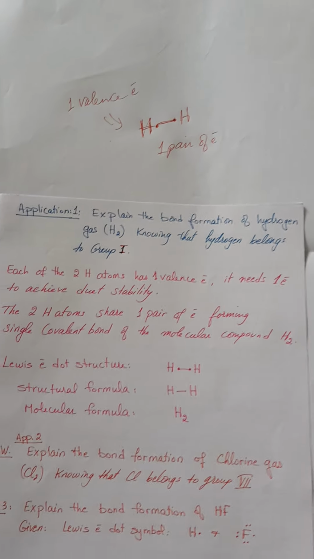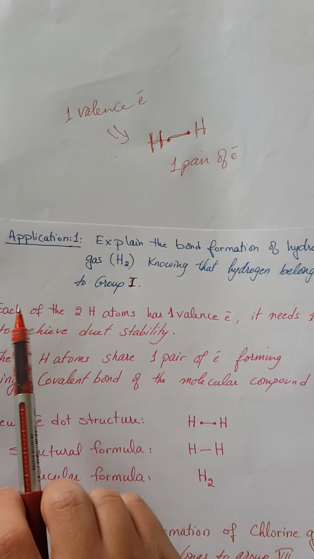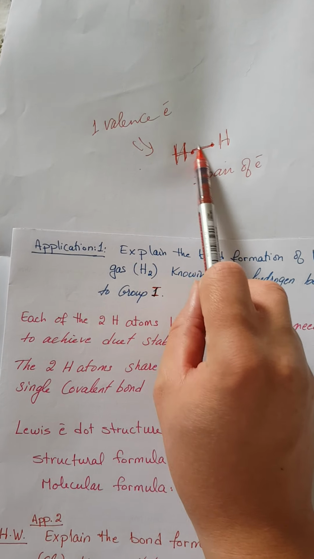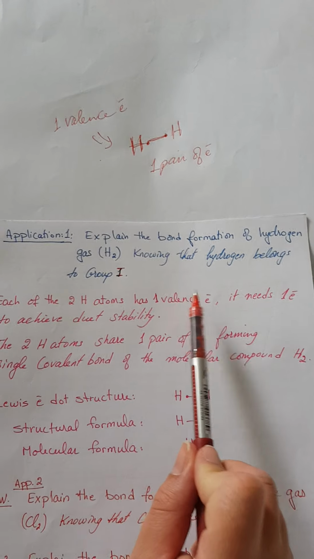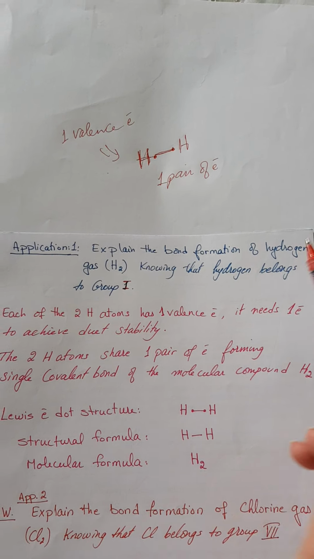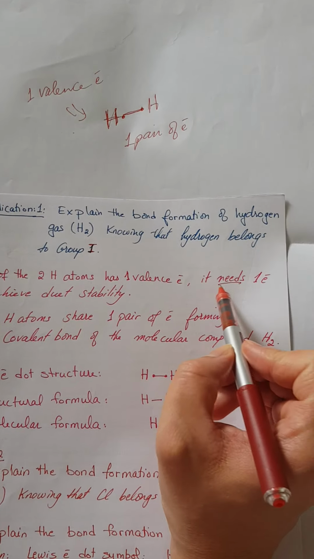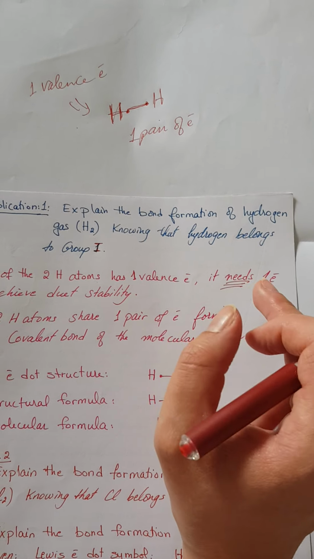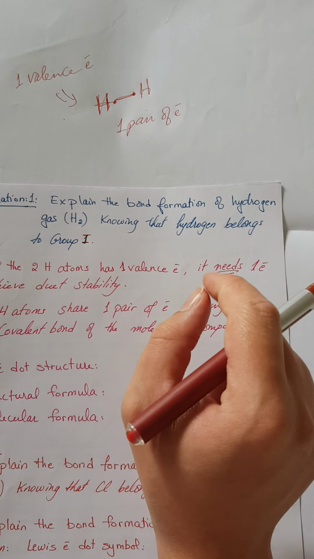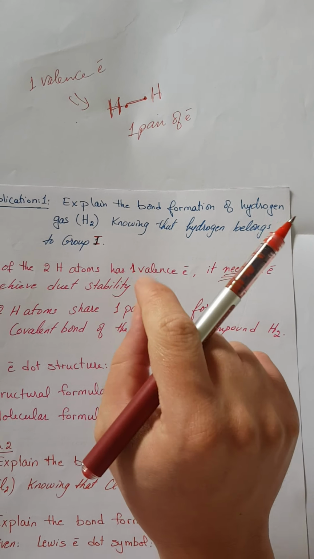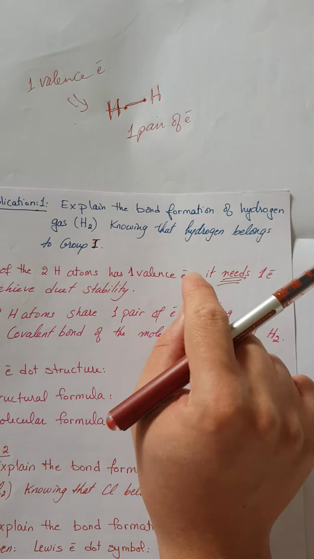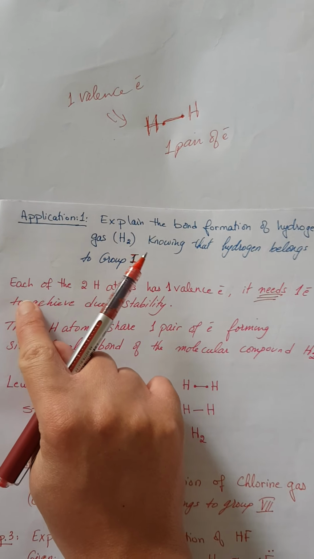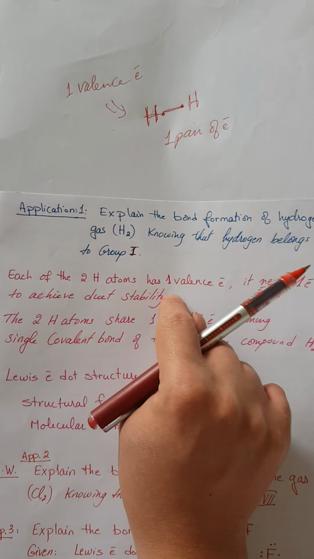So I do say each of the two H atoms, each H has one valence electron. It needs, please pay attention. Here you should say needs, because in the ionic compound we do say it loses or it gains. Here we must say it needs one electron to achieve duet stability.